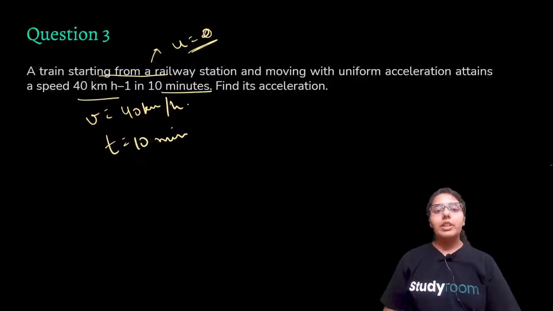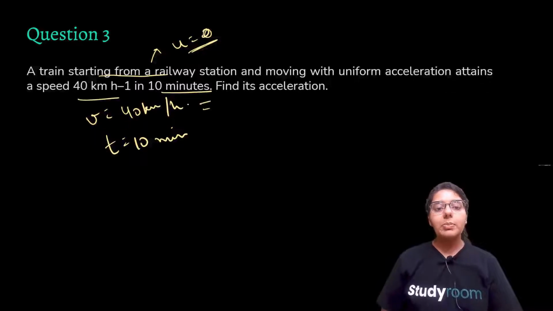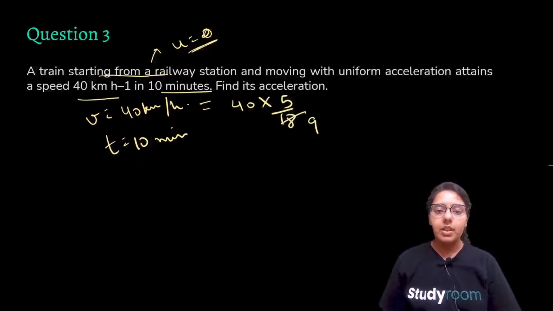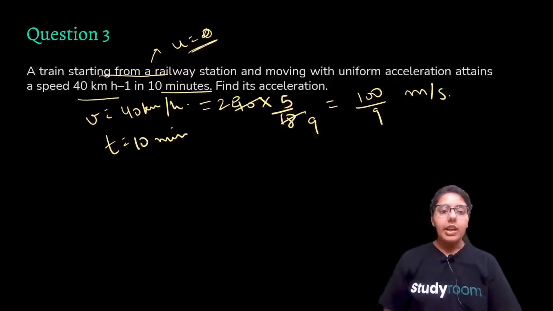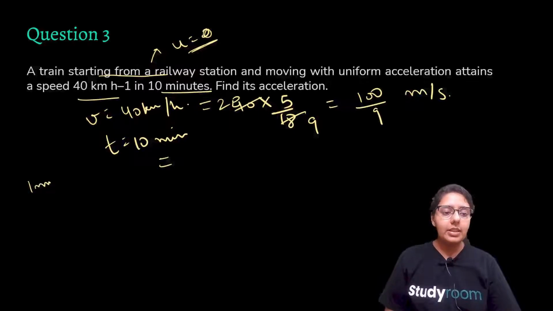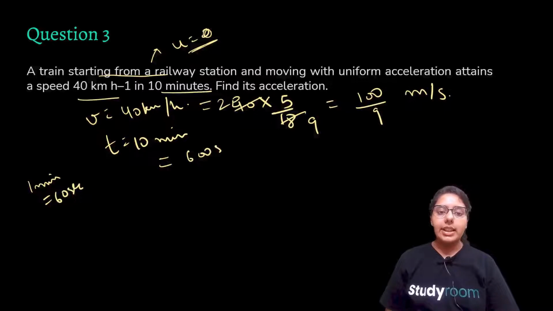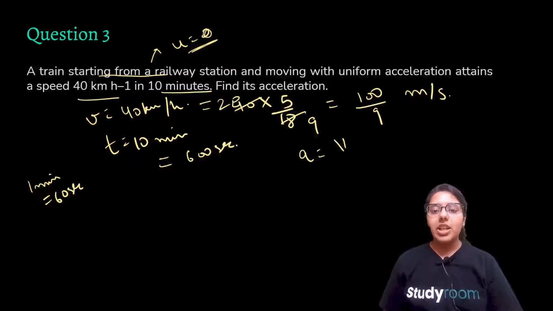So let's convert everything into SI units. 40 km per hour, we'll convert it into meter per second, into 5 by 18, right? That is equal to 100 by 9 meter per second, okay? If we talk about 10 minutes, 1 minute is 60 seconds, right? So your 10 minutes is 600 seconds. So what is your acceleration? Acceleration is nothing but change in velocity by time taken, right?